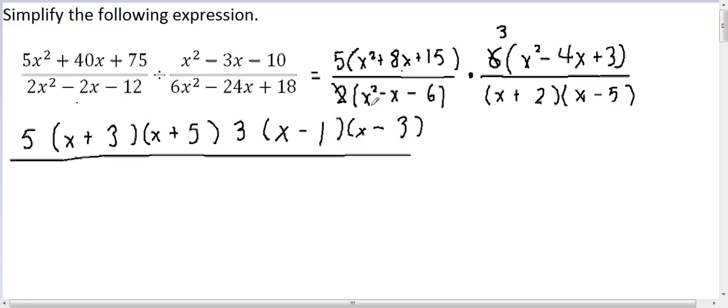Next, we'll factor the first polynomial in the denominator, x squared minus x minus 6. We get x and x. 6 is equal to 1 times 6 or 2 times 3. The minus sign tells me that we're going to subtract the numbers. 6 minus 1 is 5, which doesn't match, but 3 minus 2 is equal to 1.